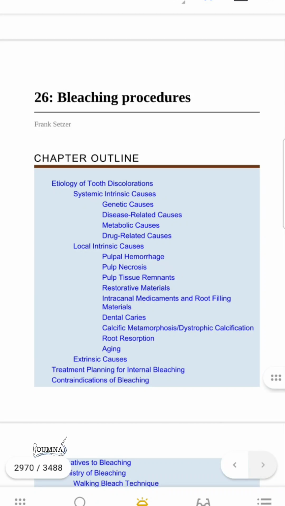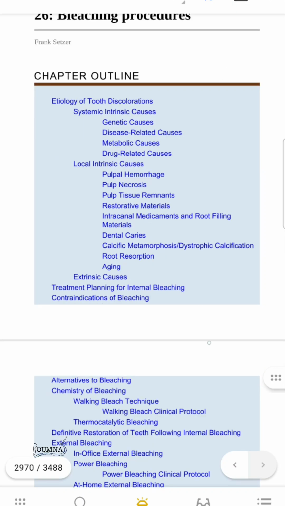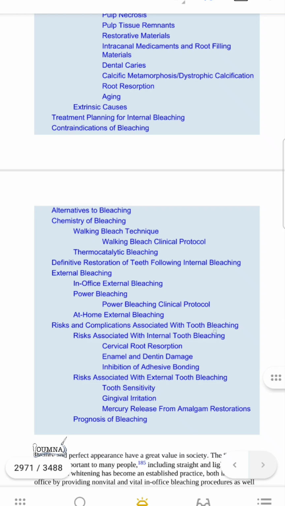Today we will discuss the bleaching procedures, the etiology of the discoloration, and the types of bleaching, its mechanism, and how it is applied, its contraindications, and its sustainability.